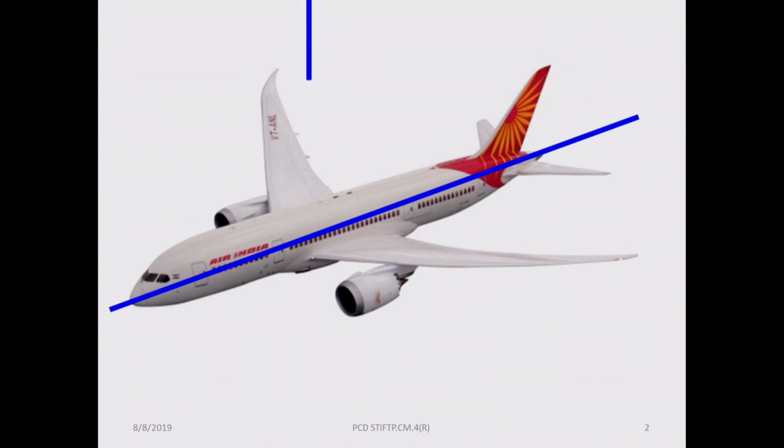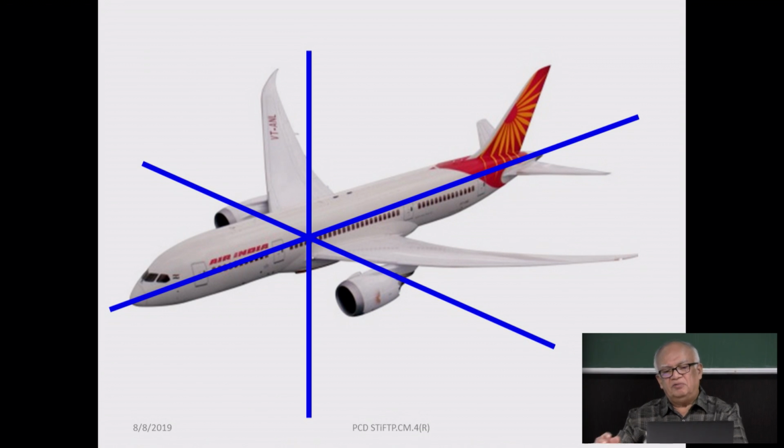So you need this whenever, for example, you have a plane flying and you want to turn it on its flight. It has to turn about various alternative axes, and there are three orthogonal axes about which you can turn the plane. And you need very precise measurements so that you can operate this machine.